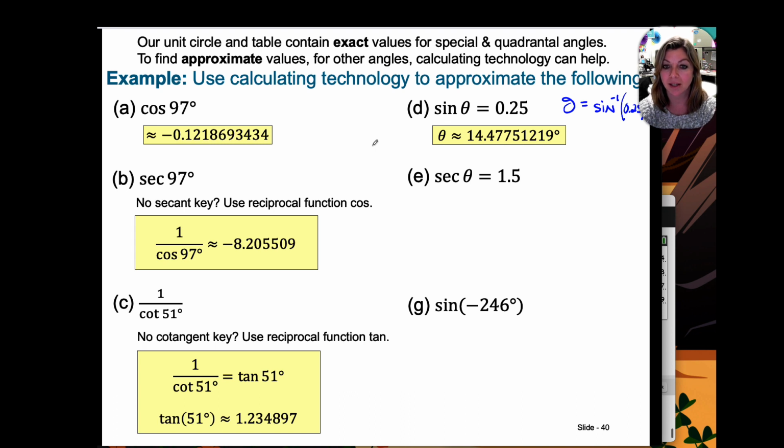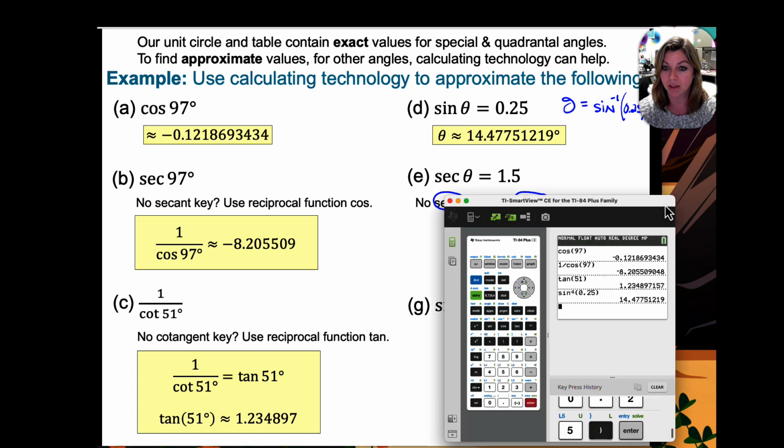And part E, same thing. Theta is the unknown this time, so we are going to use the reciprocal function, but we have another issue. We don't have a secant key either, so we can't just use the inverse secant function. Instead, we have to use cosine inverse of the reciprocal of this value. So instead of 1.5, we do cosine inverse of 1 over 1.5.